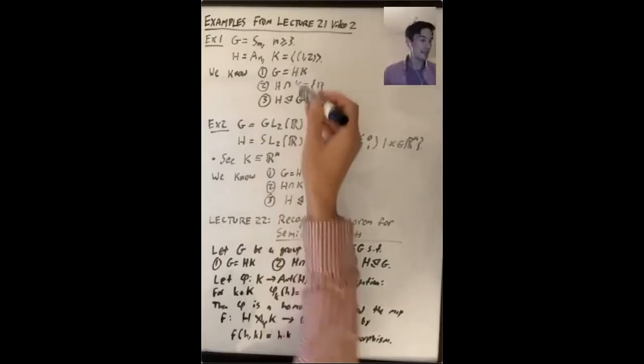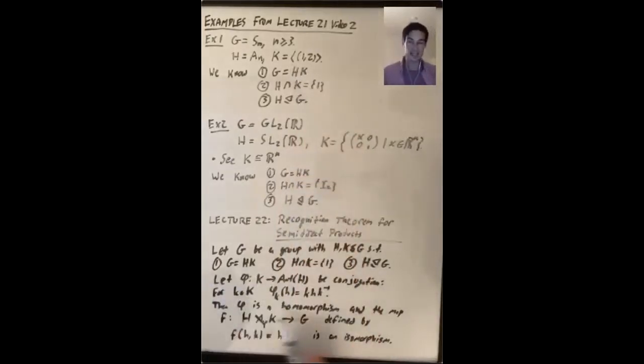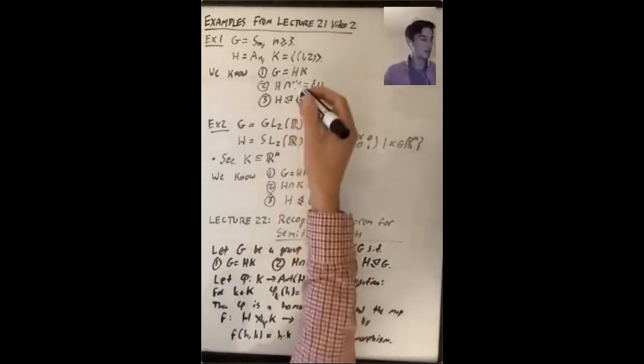And these examples are set up so that we can exactly apply this theorem as written. So what are we seeing in the first one?